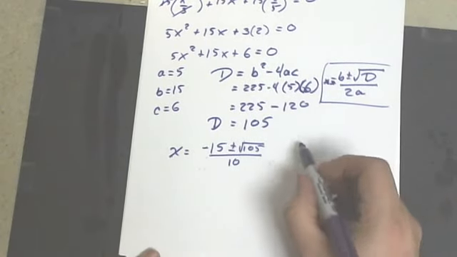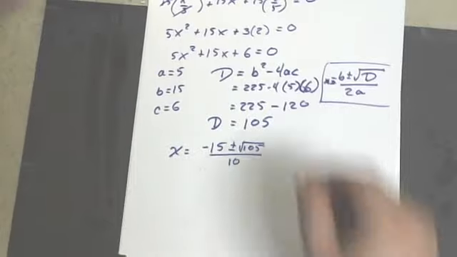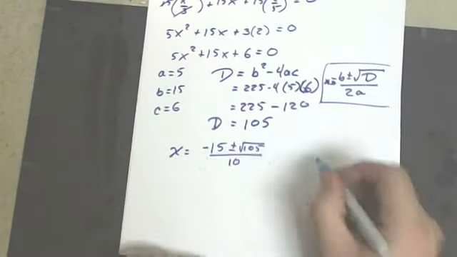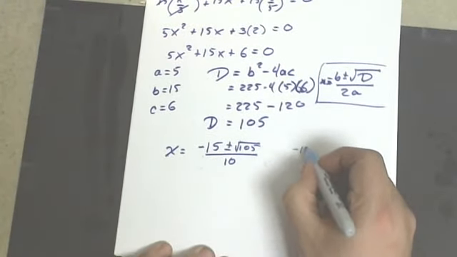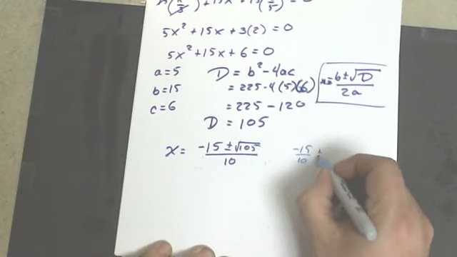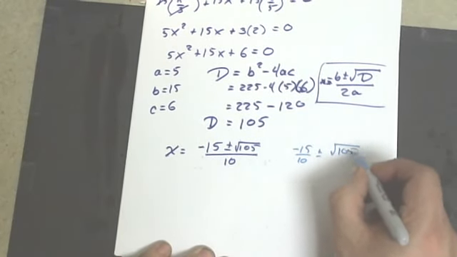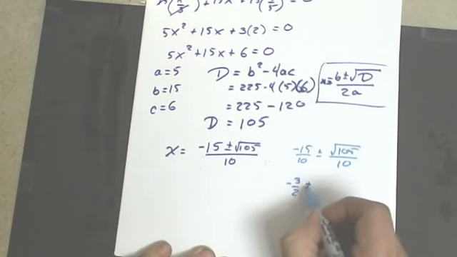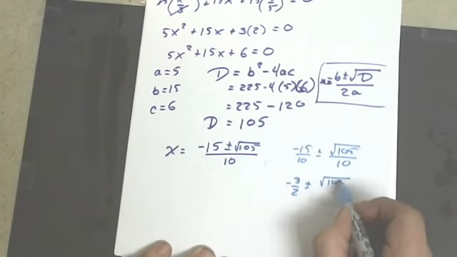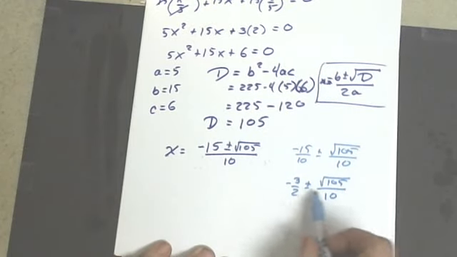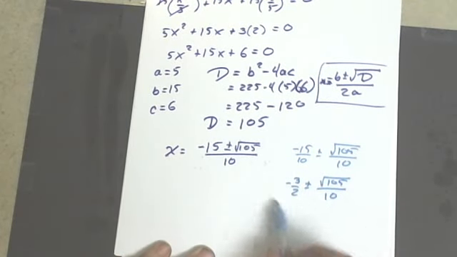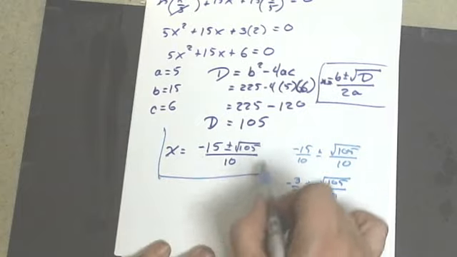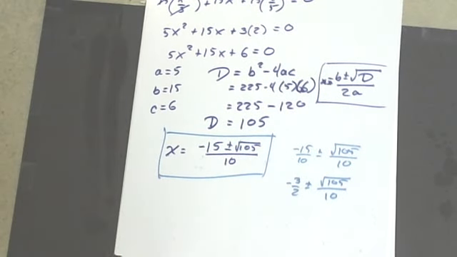I mean, you could, if you really, really wanted to, write this as negative 15 over 10 plus or minus the square root of 105 over 10, and then get negative 3/2 plus or minus the square root of 105 over 10. But I'd really have a hard time arguing that that's better than this. So likely we're going to just stop there.